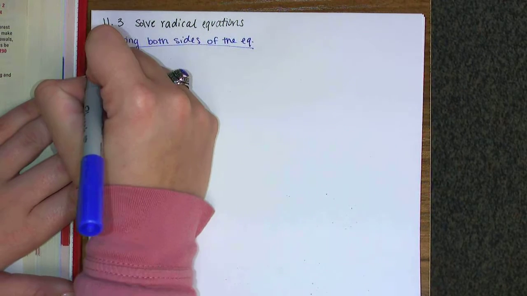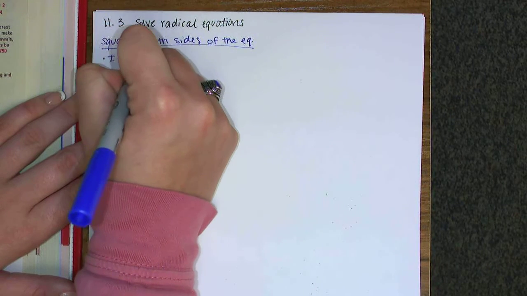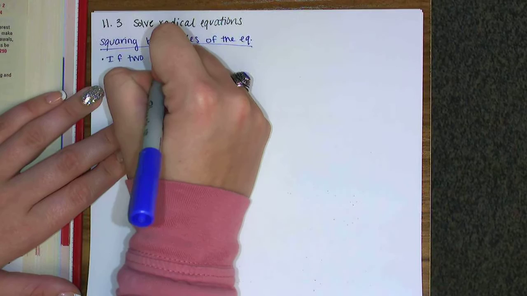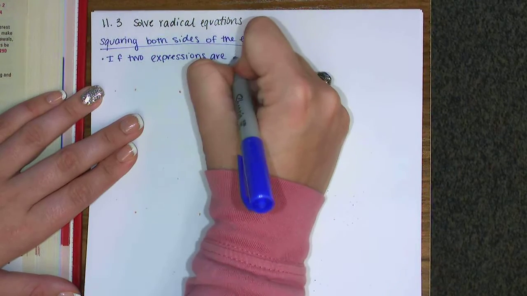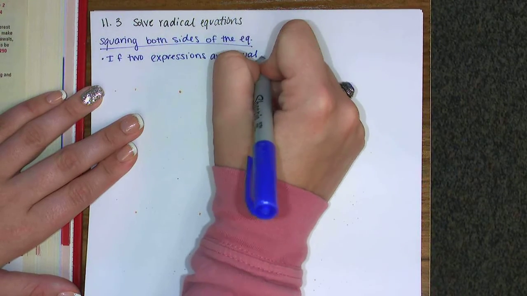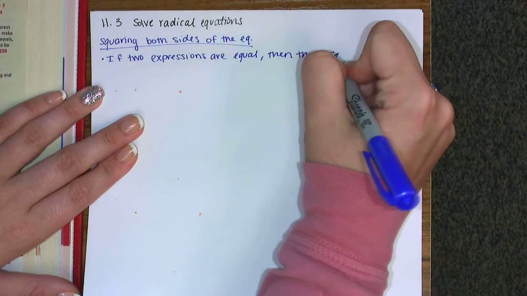So with this, that means that if two expressions are equal, then their squares are equal.